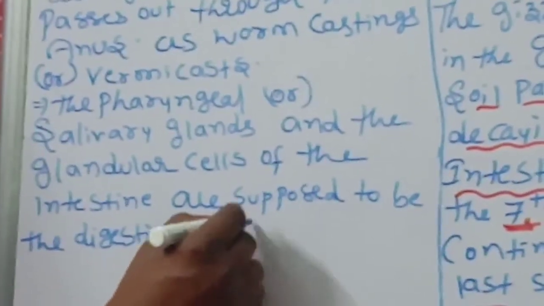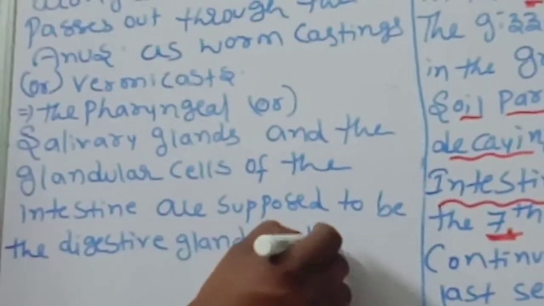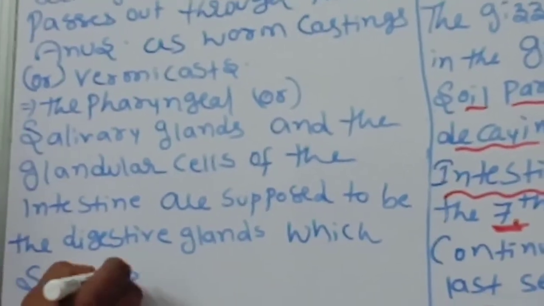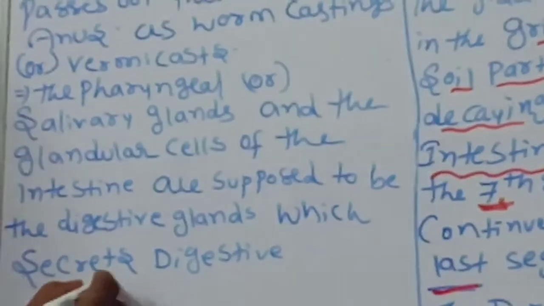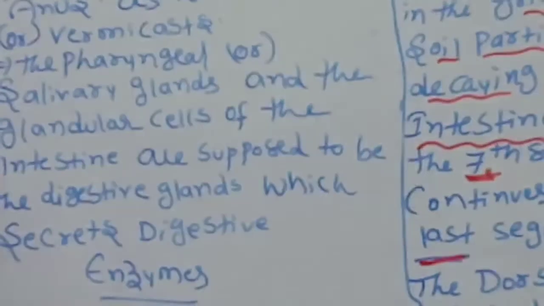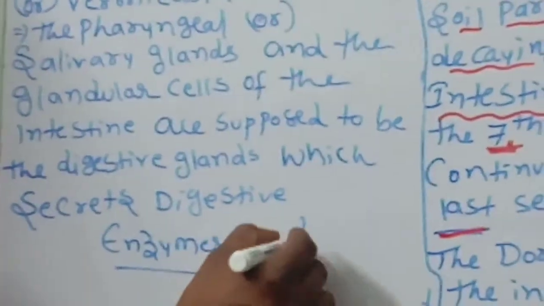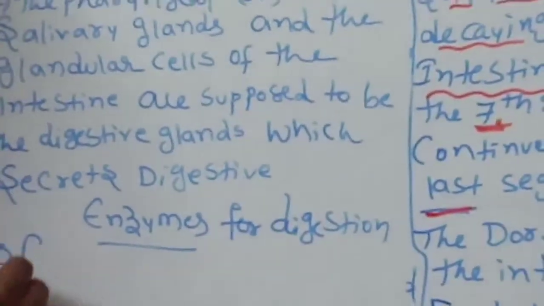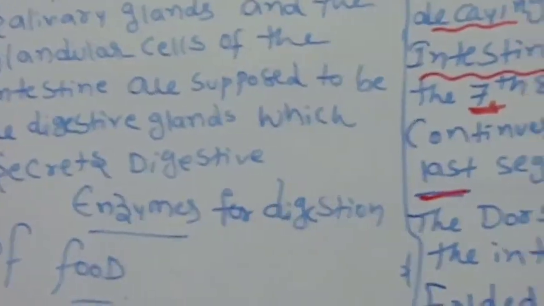Digestive glands secrete which one? Digestive enzymes, for digestion of food. Okay, children, observe very carefully.